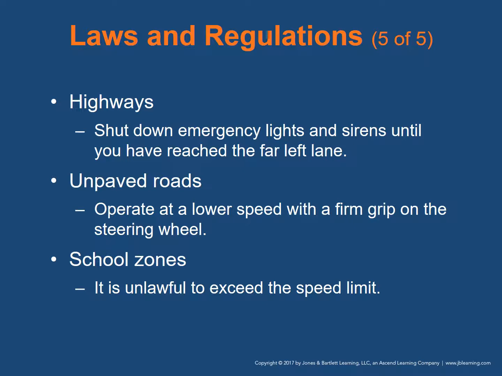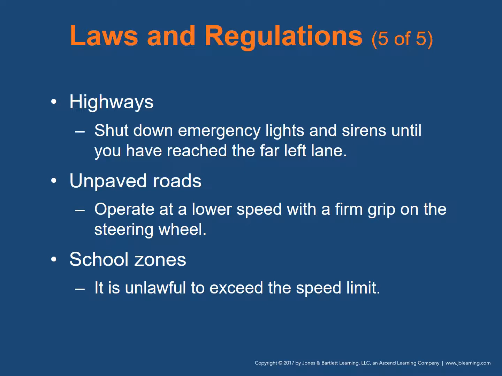Of course, this causes a lot of problems with people that are traveling 75, 80, 85 miles an hour on the highway, and they see your lights and sirens and start to slam on their brakes and pull over to the right side of the road. So use very sparingly. On unpaved roads, operate at a lower speed with a firm grip on the steering wheel.